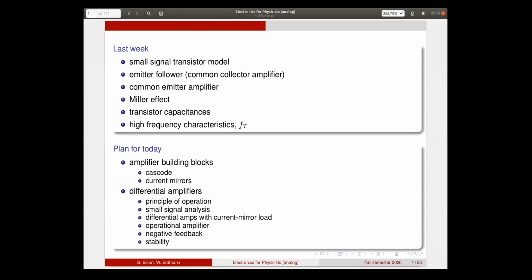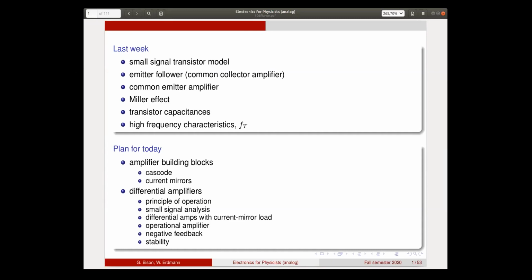Then we discussed the transistor capacitances and concluded with the high frequency model of a transistor, where the transition frequency appears where the gain of such a transistor drops to zero because of capacitive effects. We'll see a similar quantity for more complex amplifiers at the end of this session.